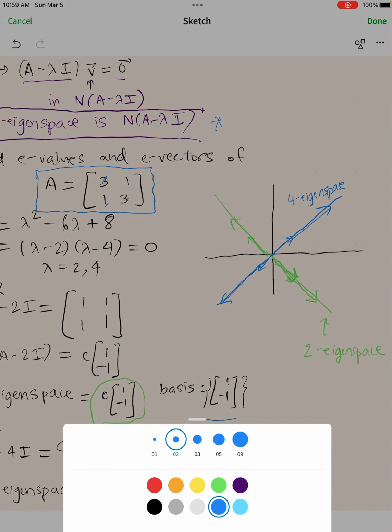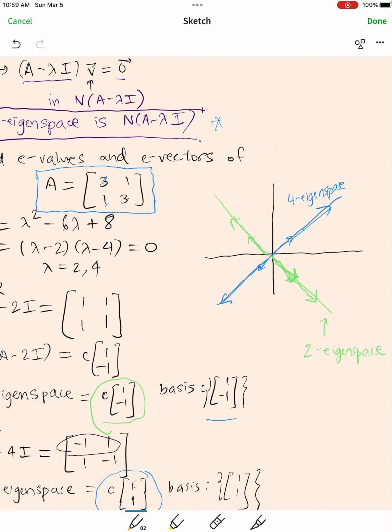But if you take a vector like this one that I'm drawing in orange, and add this vector that's along the green line, well, the sum is going to be here.